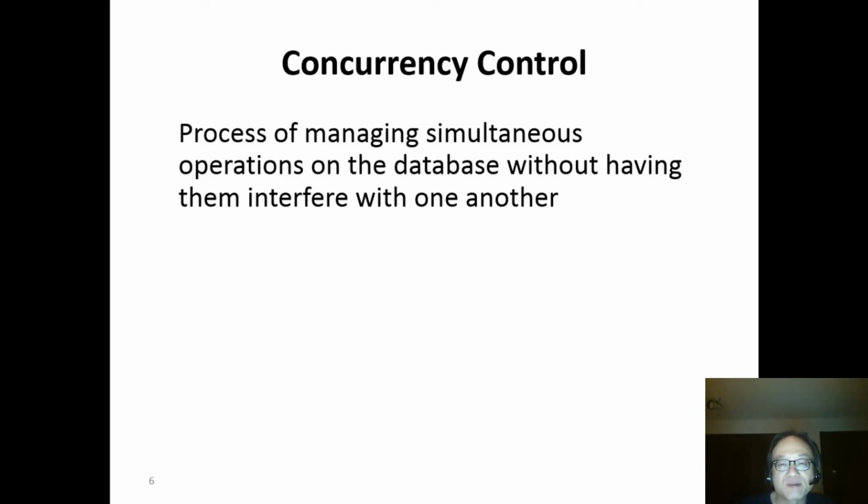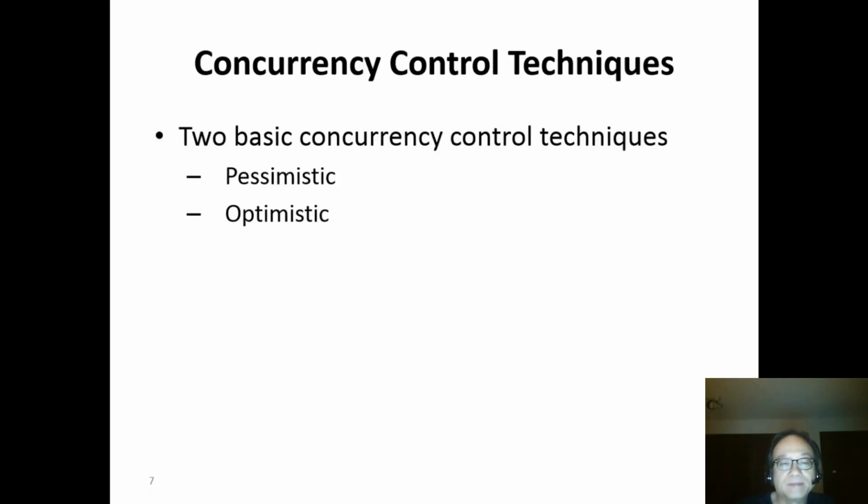We use concurrency control to ensure that users will not interfere with each other when they do their work. There are two commonly used concurrency control techniques, pessimistic and optimistic.